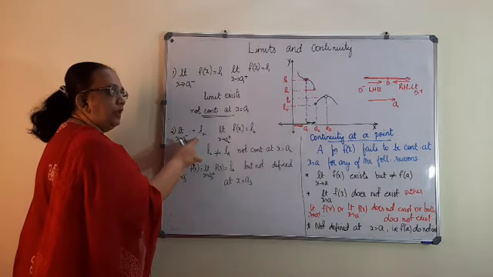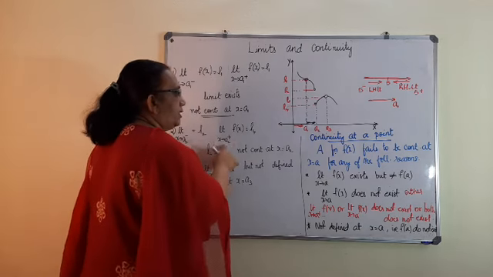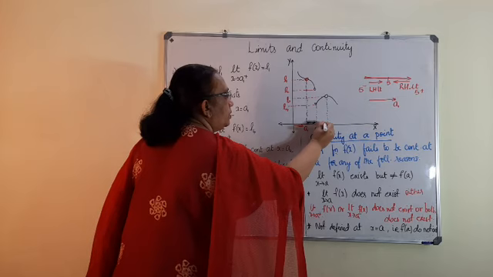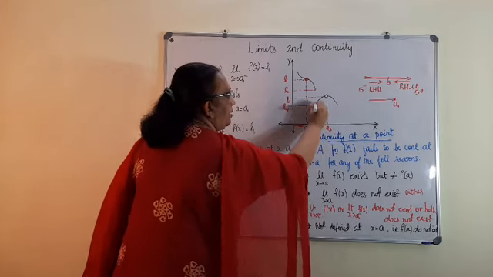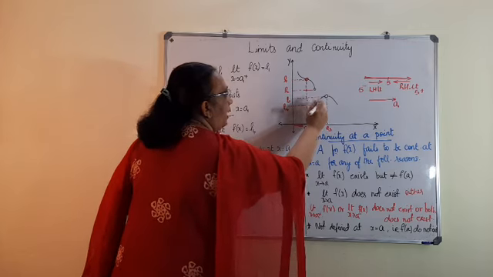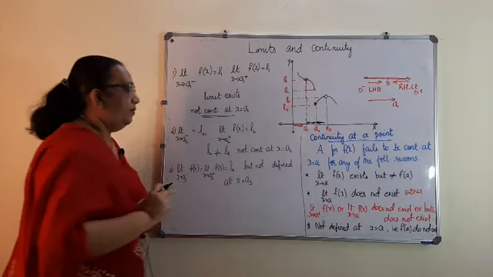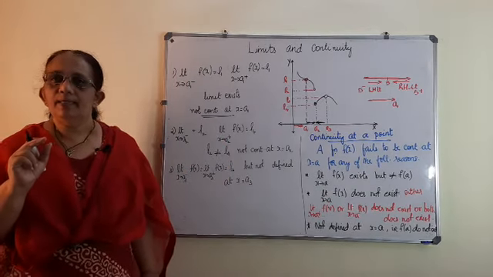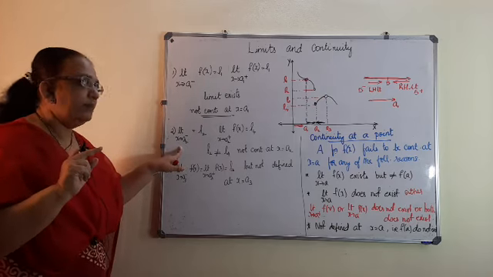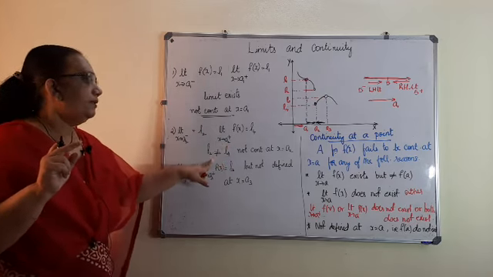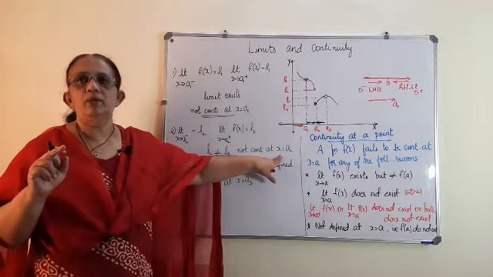Limit is existing. Limit of x tending to a2 plus, that is a2 is approached from the right hand side, the value is equal to L4. But you can see that the left hand limit as well as the right hand limit are not equal. That means it is not continuous at x equals a2.